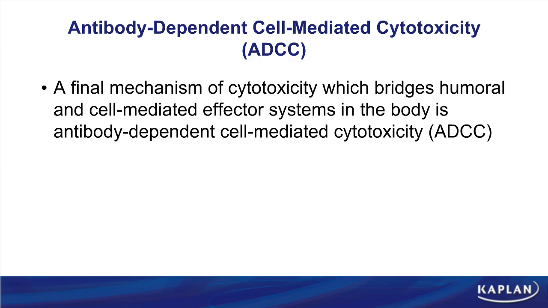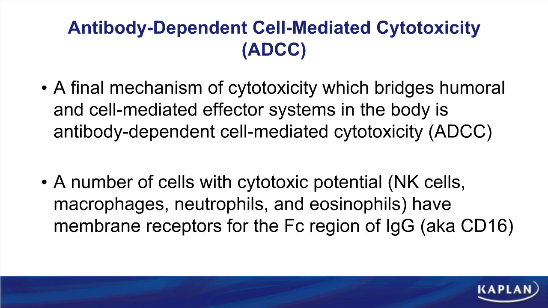We always sort of think about this process with natural killer cells, but in actuality, any cell that has an Fc receptor that can recognize the constant region of the heavy chain of IgG, and we talk about that receptor quite a bit, that's CD16.